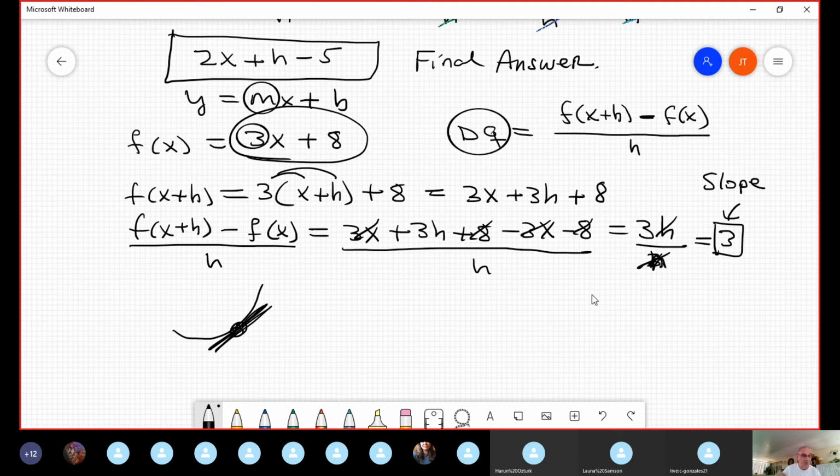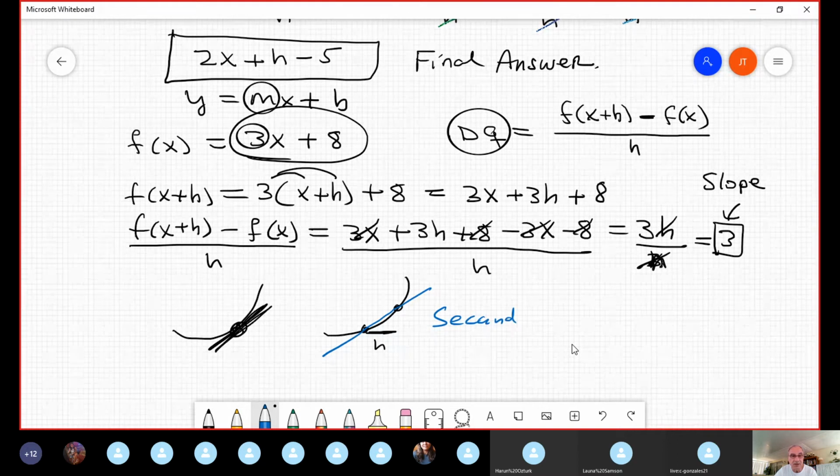Differential calculus always computes the tangent line or the secant line, because we have 2 points, no? Suppose a curve, we have 2 points. This segment is called h, and we connect this point and this point by a straight line. This is not a tangent line, but a secant line. This is tangent. Tangent touches 1 point, secant touches 2 points.